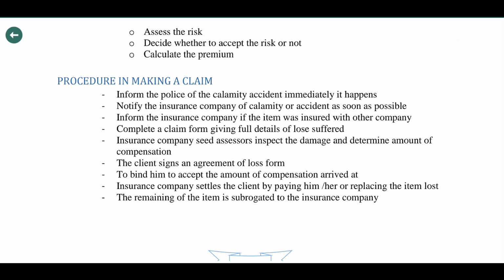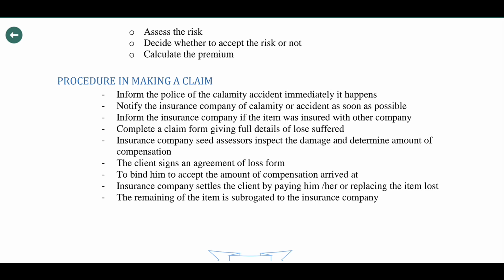You need to notify the insurance company of the calamity or accident as soon as possible. Do not delay. Okay? Or else you'll be playing with evidence. You may not be compensated if you take too long. Immediately inform the insurance company and inform the police.